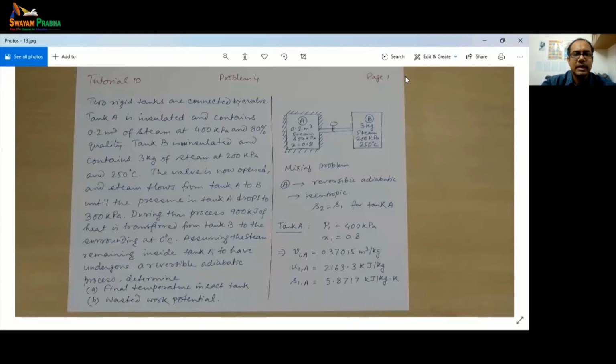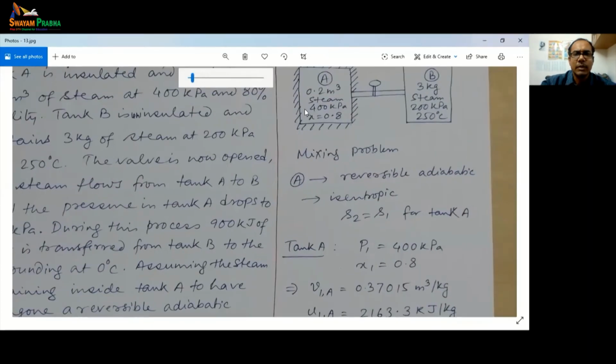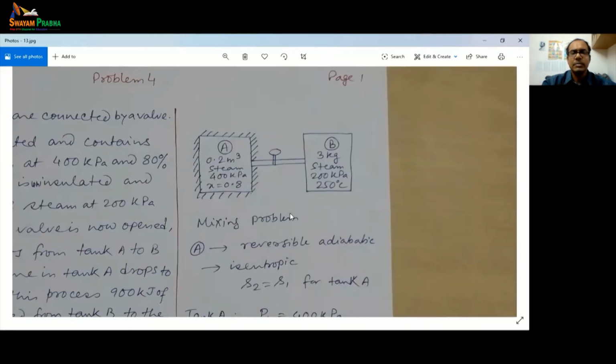Okay, so let's take the next problem, which is the fourth problem of this tutorial. And this is a classical mixing problem. We have looked at a similar mixing problem in the last tutorial as well, where two tanks of gases were mixed, and we looked at how the entropy is generated.